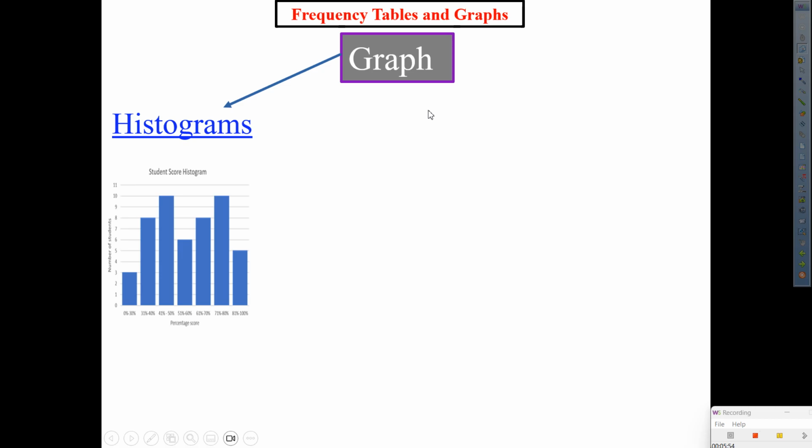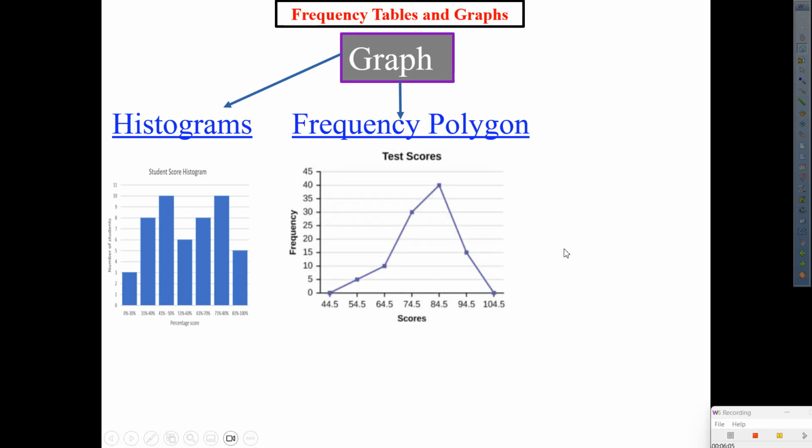The second kind, also pretty well known, is known as frequency polygon. And you've seen these also when you open the newspaper or stocks. It looks something like this. And the third one, known as cumulative frequency or Ogive, looks something like this.